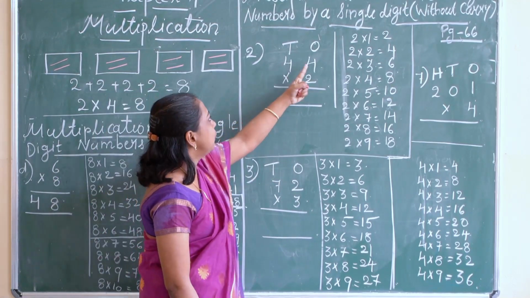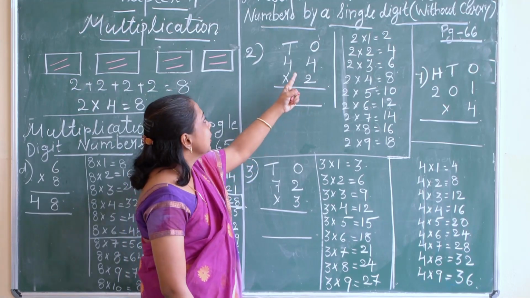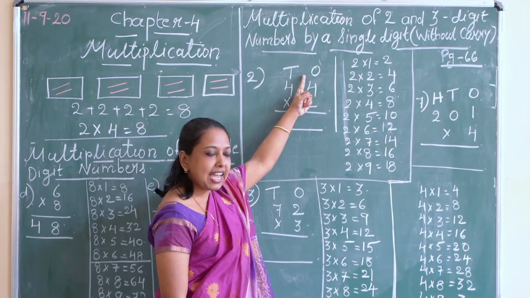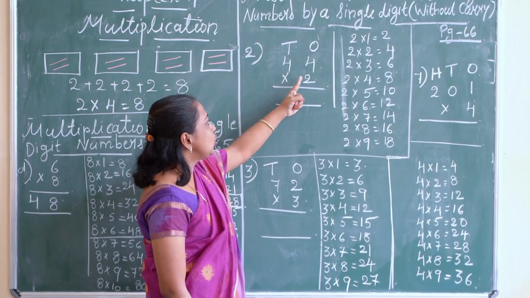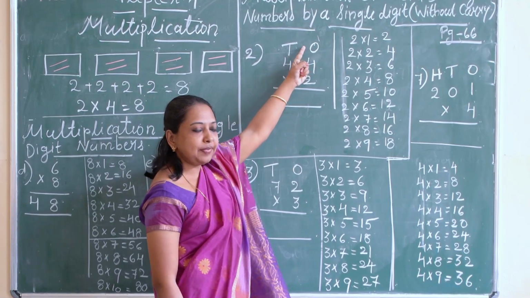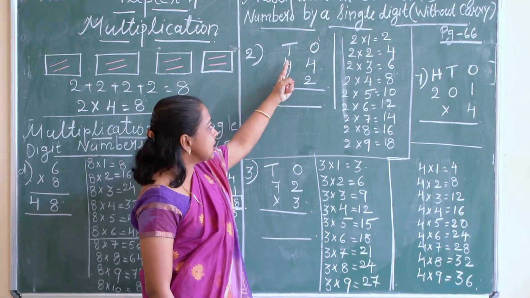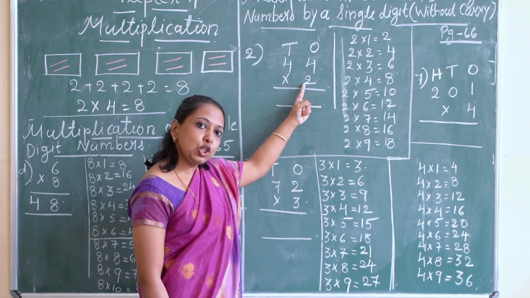44 multiplied by 2. You know, in 44, 4 is at the ones place and this 4 is at the tens place, multiplied by 2 at the ones place. Here which one is the multiplier? 2. 44 is multiplied by 2, so we can use the table of 2.